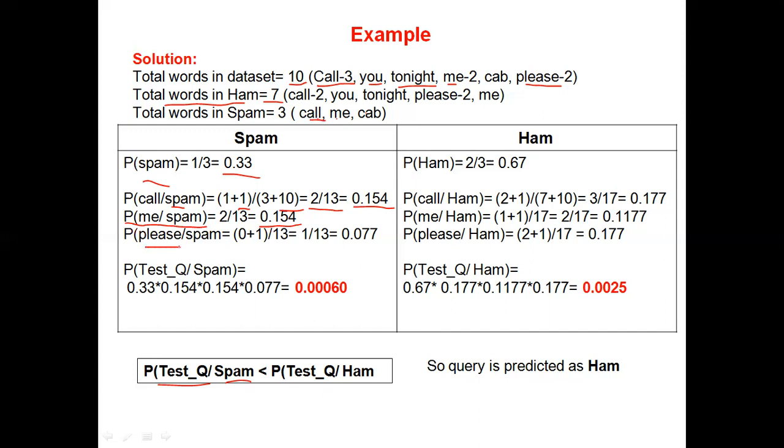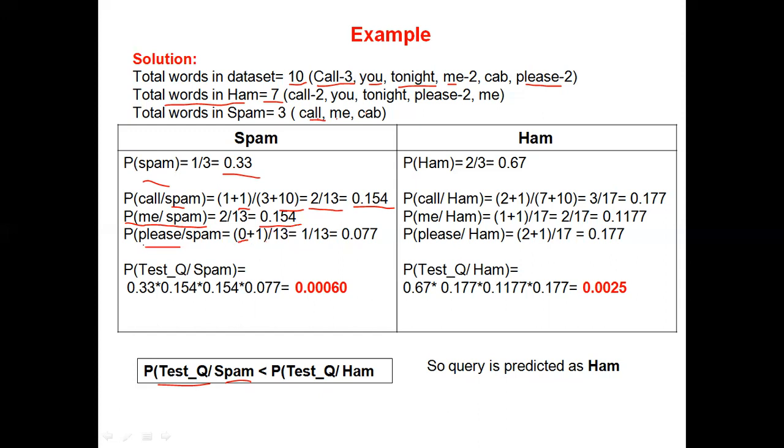Then the word please is not occurring in the spam document, but my query point includes please. So here is the example. If we consider only 0 here, because please is not occurring in this spam document, this count will become 0 and the whole term will become 0, right?